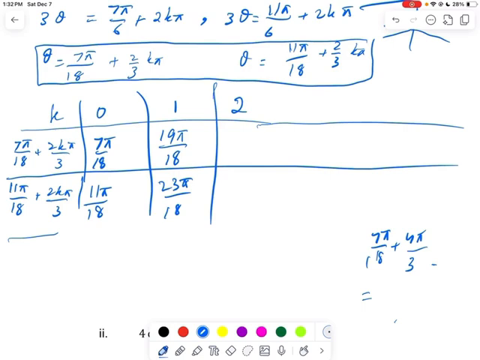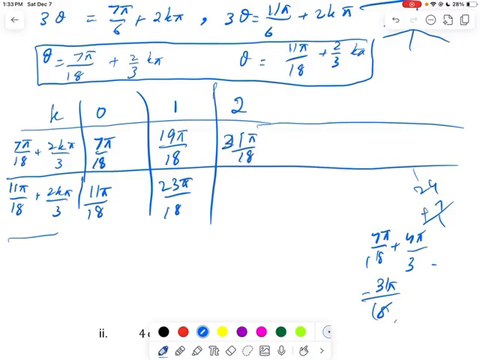So common denominator 18, so 3 times 6 is 18, 4 times 6 is 24, 24 plus 7 is 31, right? So we get 31 pi over 18. So that's what is going to come here, 31 pi over 18.